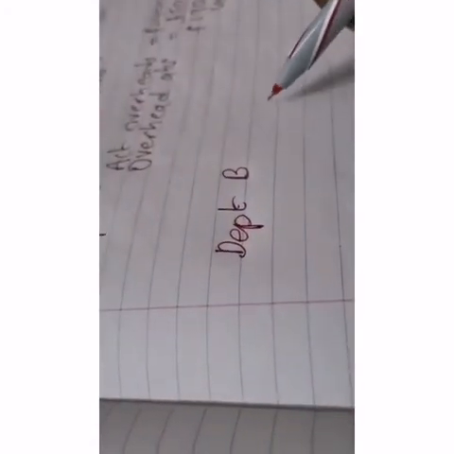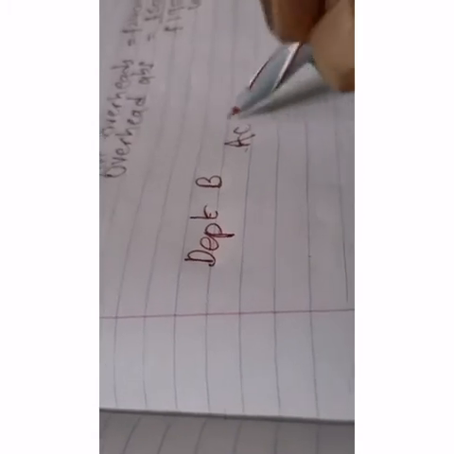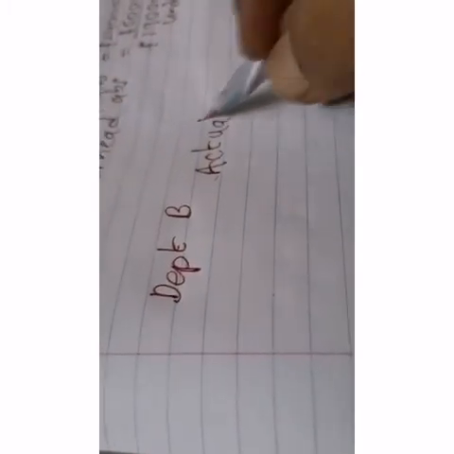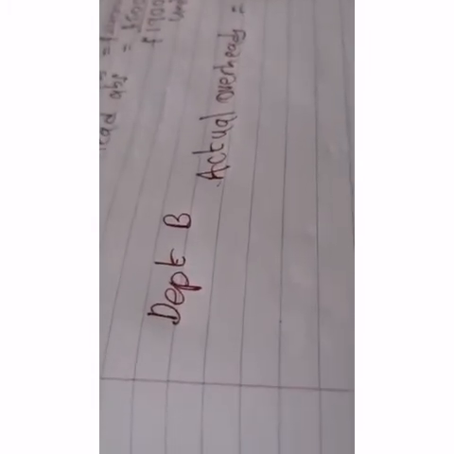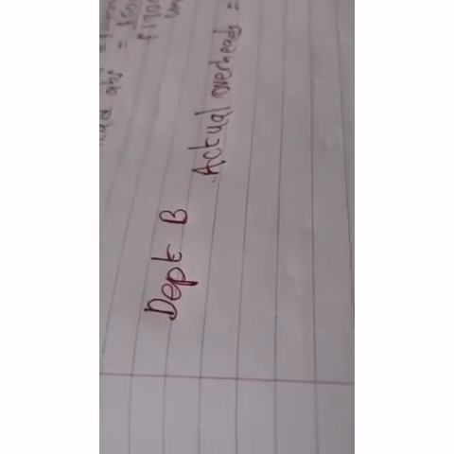Now we are going to calculate for Department B. So for Department B, actual overhead. What is actual overheads for Department B? Actual overhead 110,000. Overhead absorbed 270,000.